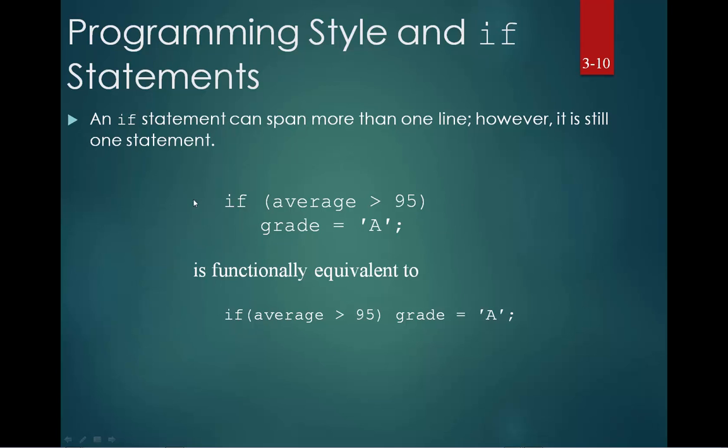However, most of the time you'll see it like this, because people will place the line to be executed on the next line, and they'll indent it a little bit, and that really highlights it. As you scan down the page, it allows you to skip over this and realize that this is a sub part of the if statement.